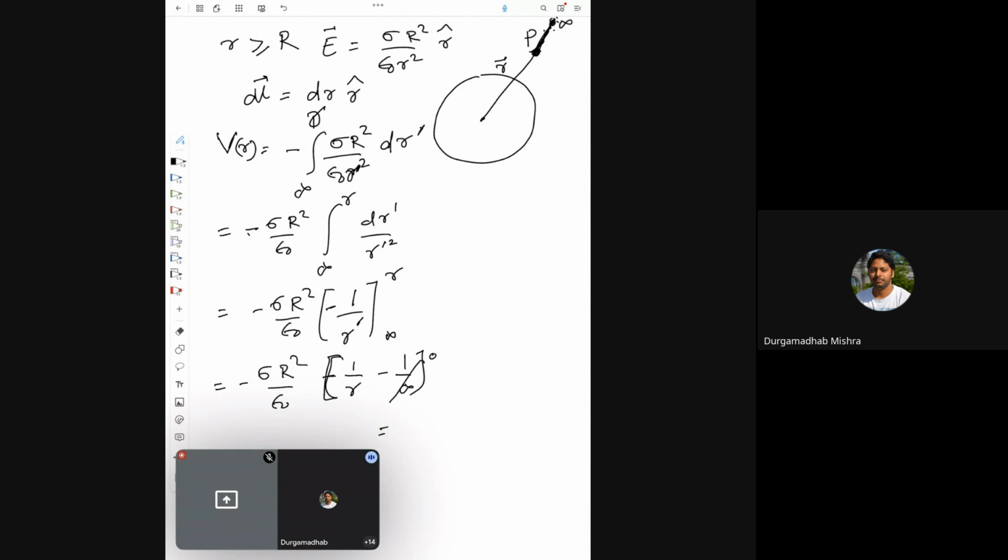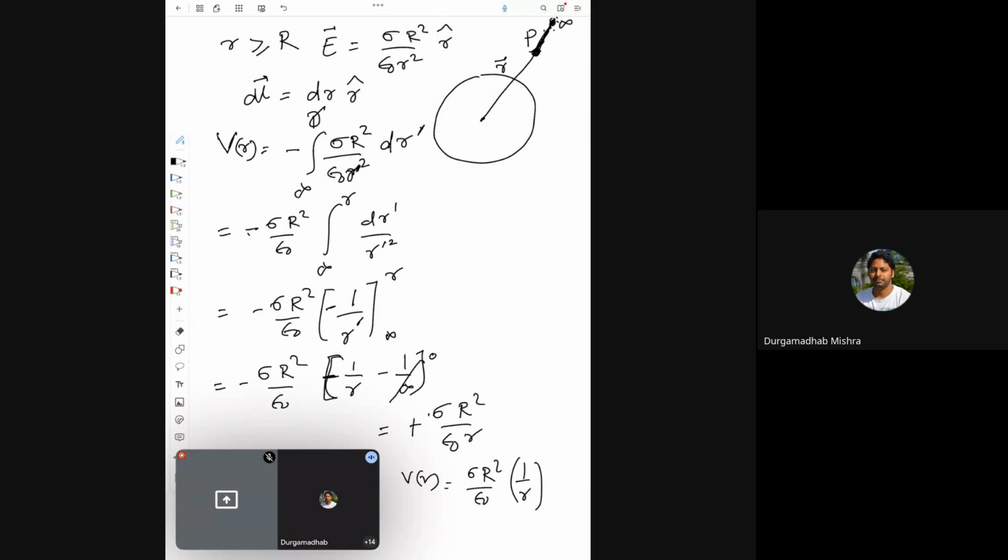There are two minus signs, so it will be plus sigma R squared by epsilon naught r. So the potential varies as 1 over r.